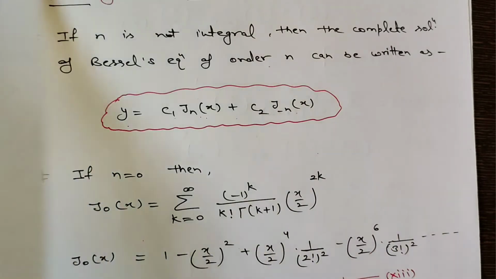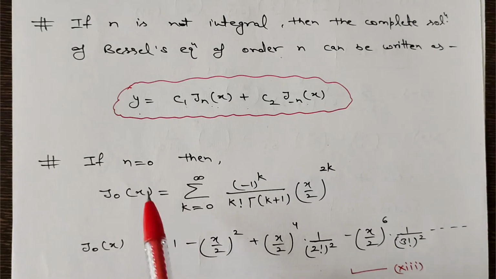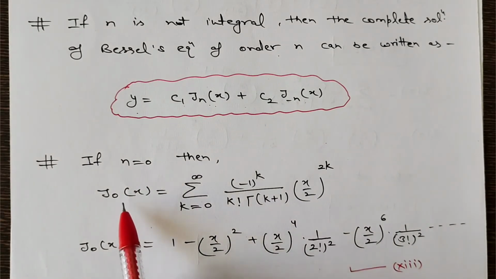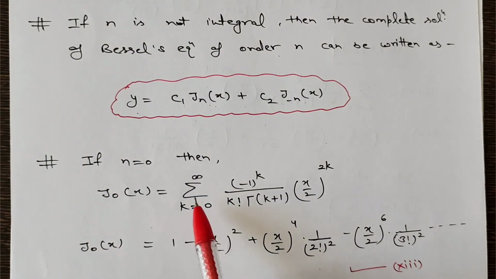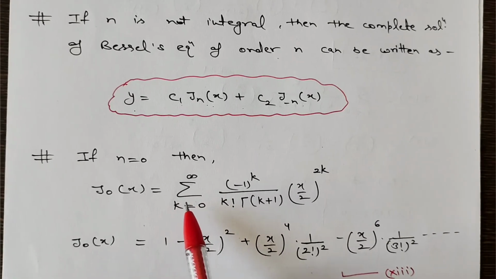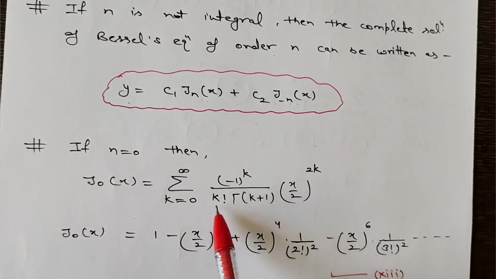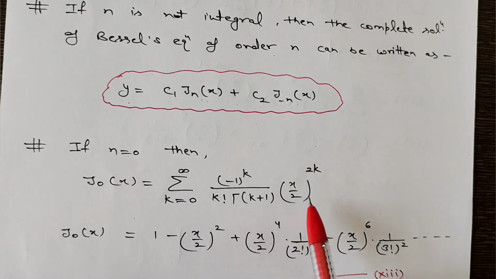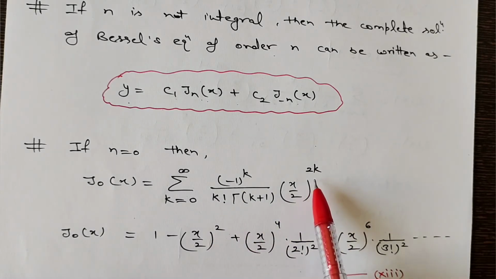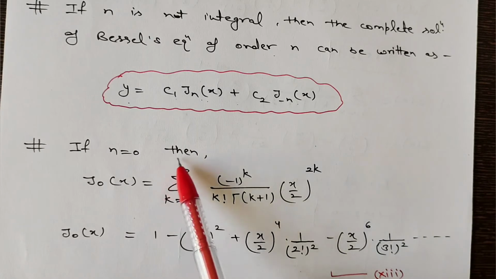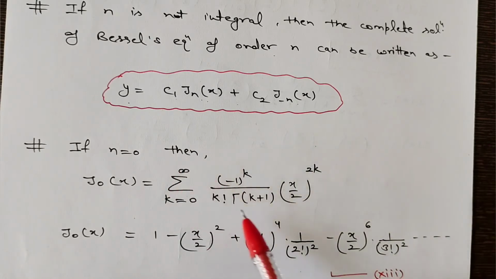First we are going to solve it for n equals 0. So J naught of x will be the summation over k going from 0 to infinity of minus 1 raised to power k over k factorial, gamma of k plus 1, into x by 2 raised to power 2k, putting n equals 0. This is the expression in compact form for J naught of x.